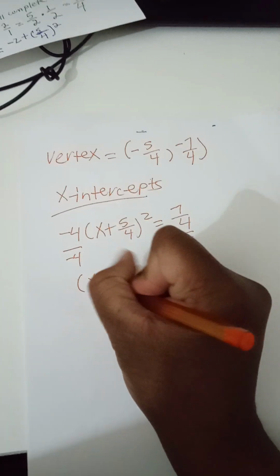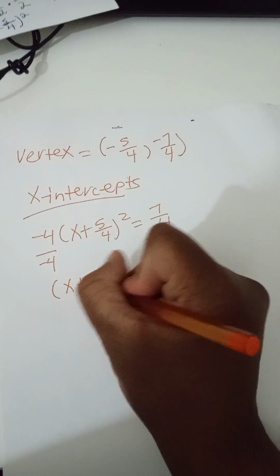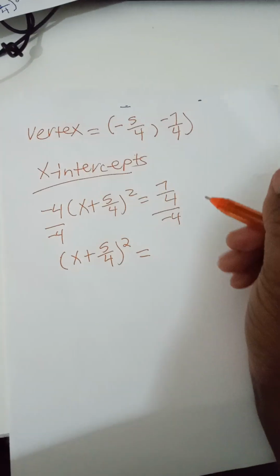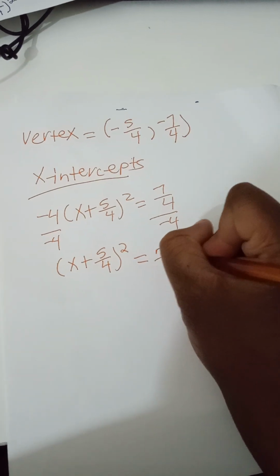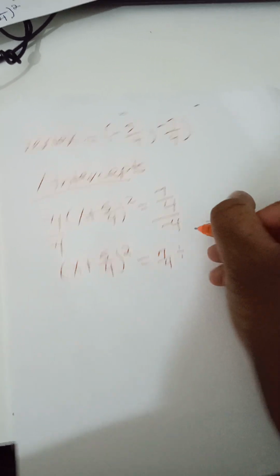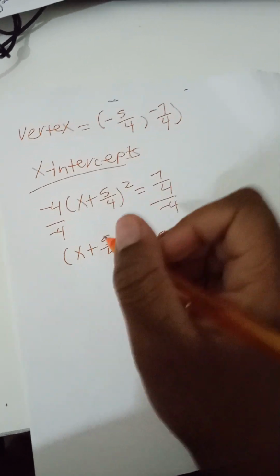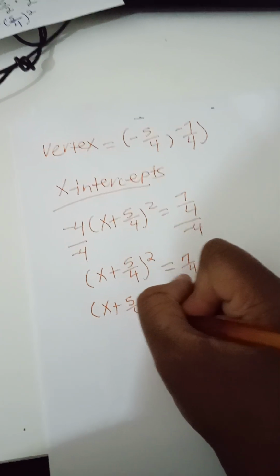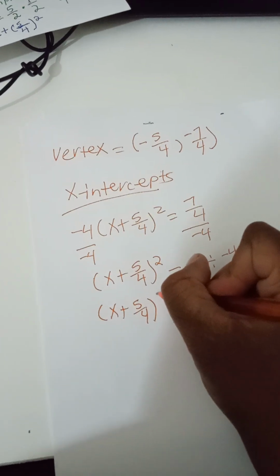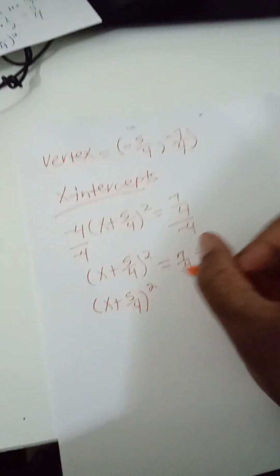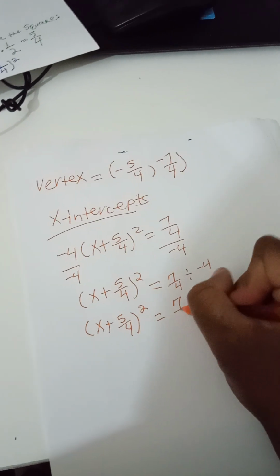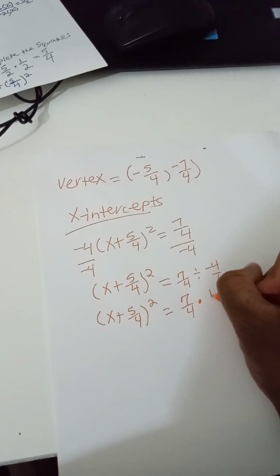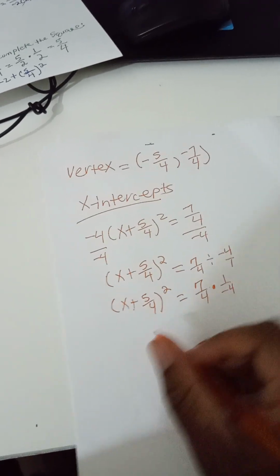So x plus 5 divided by 4 squared is equal to 7/4 divided by -4. Put the -4 over 1 and multiply by the reciprocal, 1 over -4.